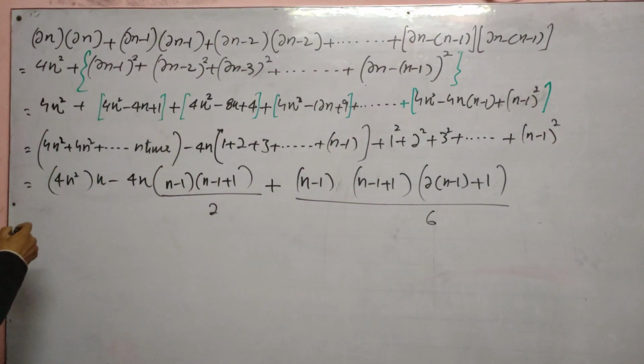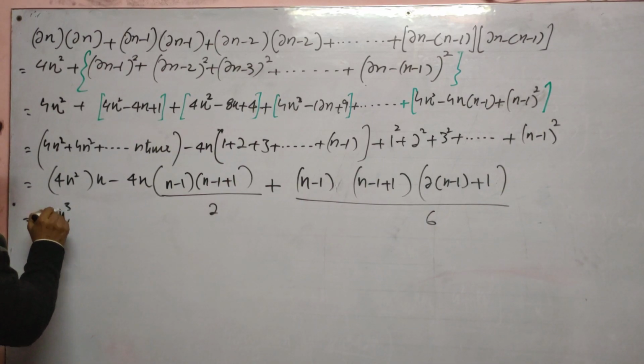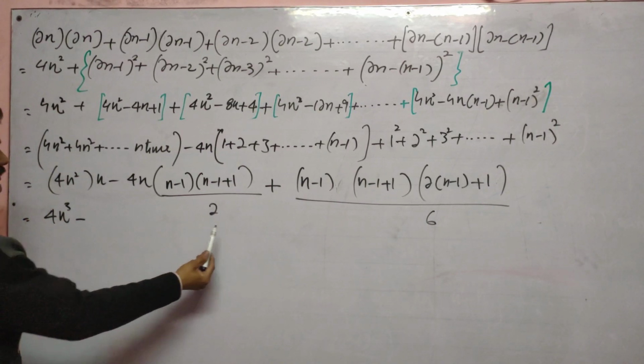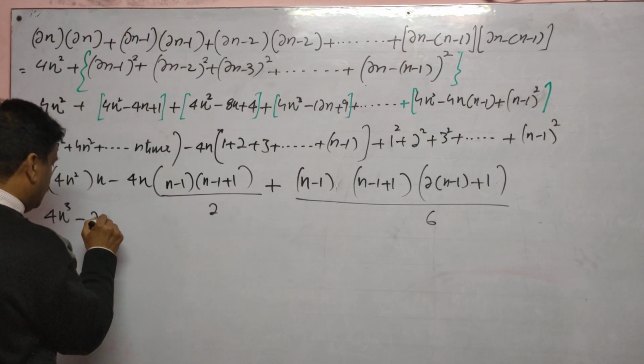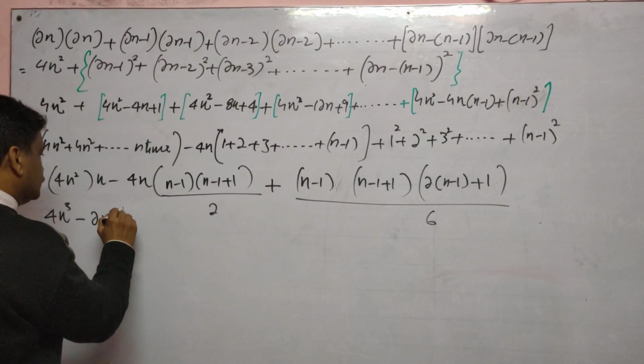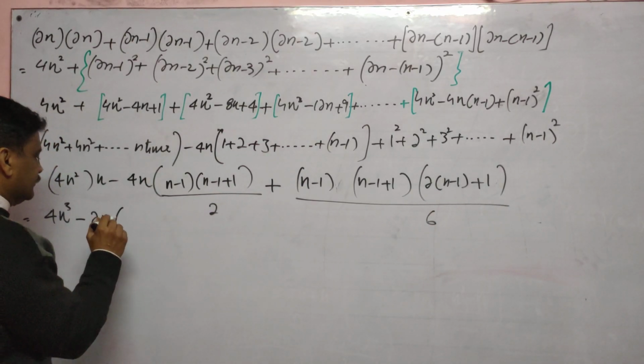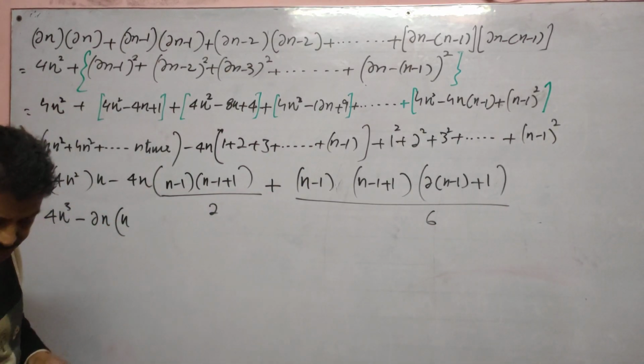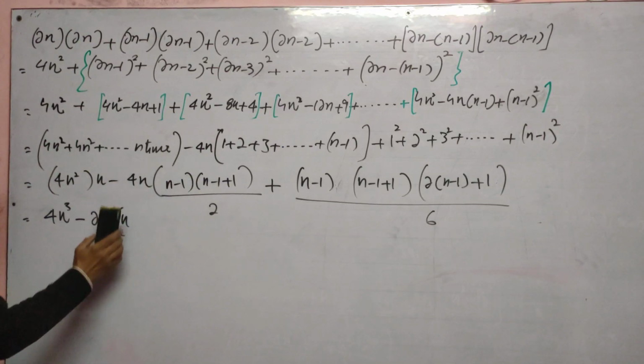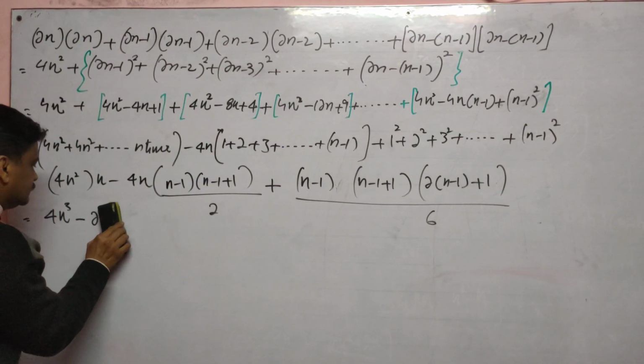By expanding, we will get 4n cubed minus 2n times this, plus 1 must be cancelled, and we write this n multiplied by this n as n squared.